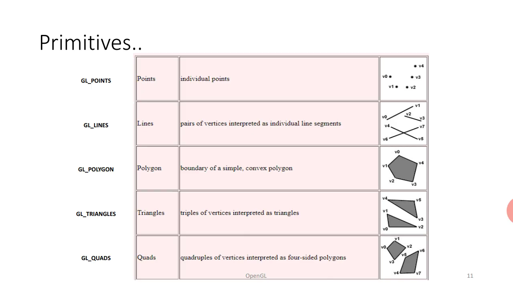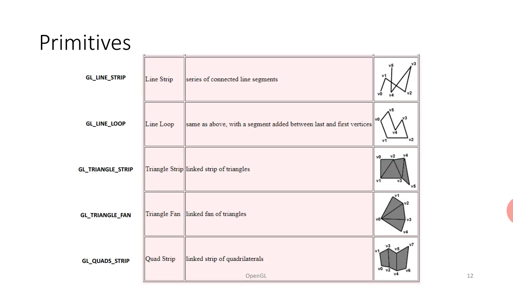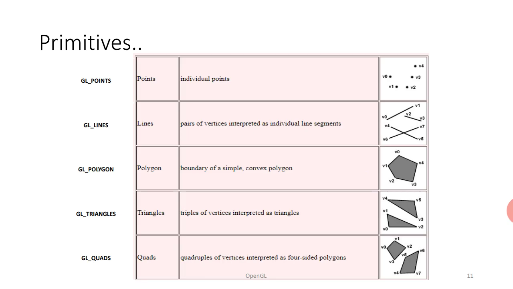This primitive allows you to draw a line. So pairs of vertices interpreted as individual line segments can be drawn using this GL_LINES primitive. As shown in the figure, different line segments like V0 V1, V2 V3 and so on can be drawn. So one GL_LINES primitive will draw one line segment.